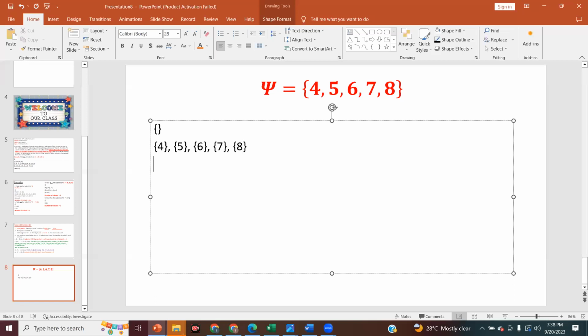The next ones that we need are the ones with 2 elements. So we have 4 and 5, comma, 4 and 6, comma, 4 and 7, comma, 4 and 8.